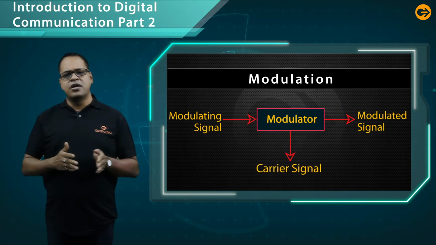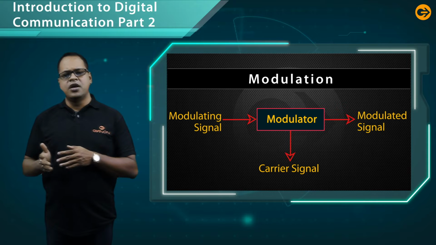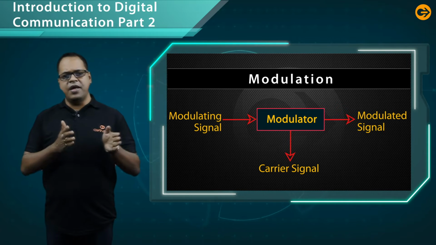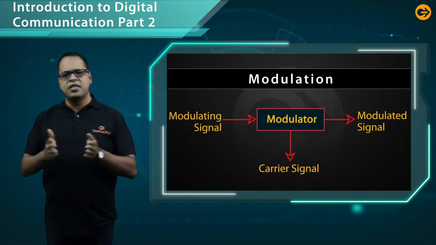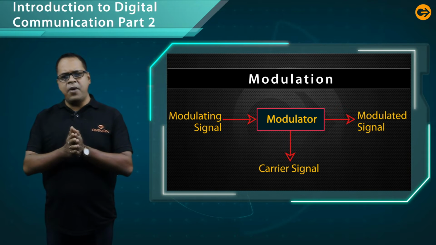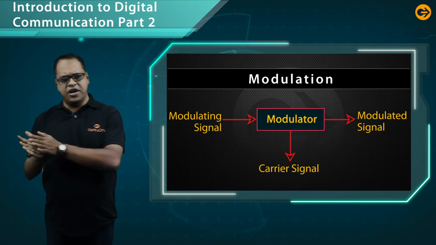Now, whenever this carrier signal and baseband signal combine together, it is known as a modulated signal. So message signal or information signal or baseband signal is a modulating signal. The high frequency signal is the carrier signal, and whenever they combine through a modulator, a modulated signal is generated.